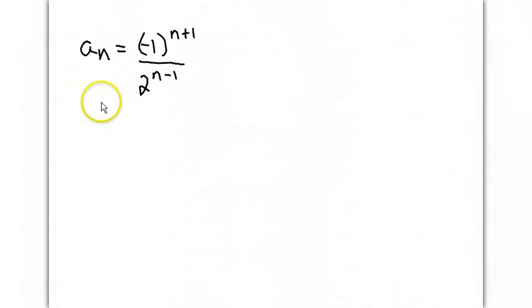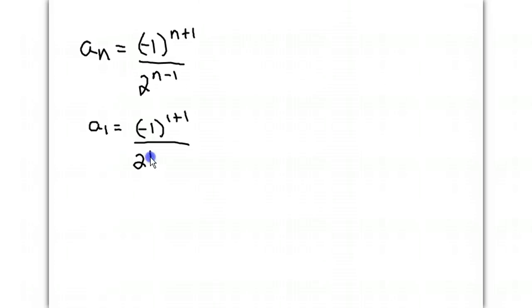Okay, let's look at another sequence. The sequence a_n equals negative 1 to the n plus 1 power divided by 2 to the power of n minus 1. Let's find the first four terms of this sequence and see if we can figure a pattern out. Well, a1 will be negative 1 to the power of 1 plus 1 divided by 2 to the power of 1 minus 1, because everywhere you see an n, you replace it with a 1.